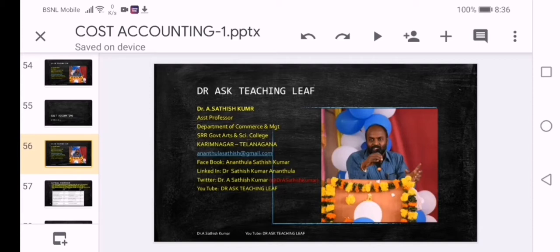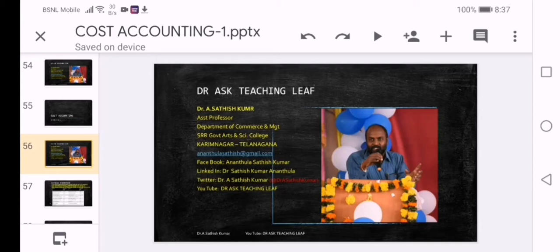After learning, few short answer questions and few long answer questions related to computation of various costs and computation of cost sheet.